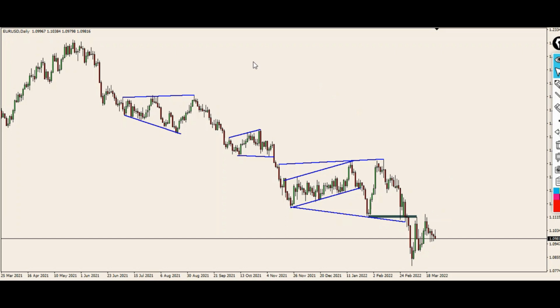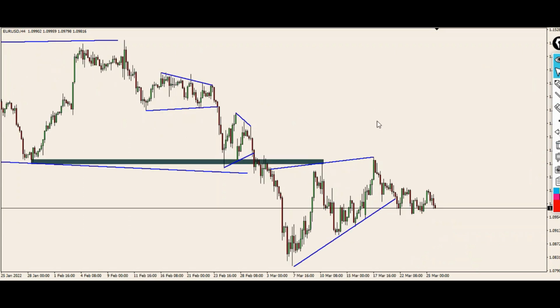And maybe along the way we might be experiencing a consolidation that may go something like so, but along the way, yes, I am looking for continuation patterns. I'm not seeing any reversals anytime soon. So yeah, that will be all for the daily chart.